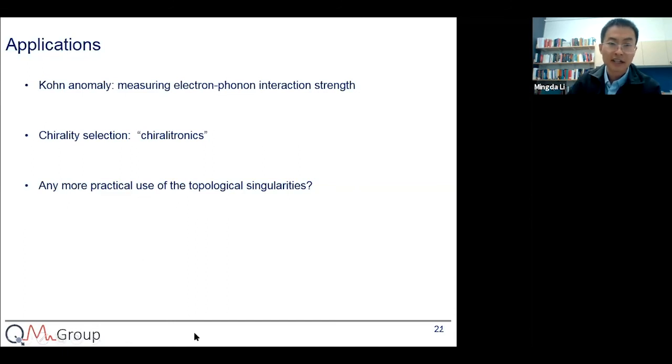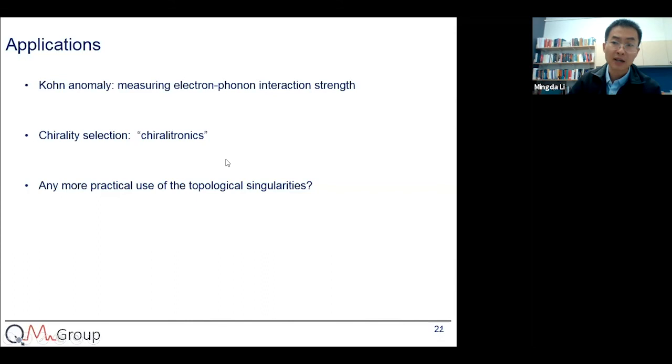The other more technologically relevant one is the so-called chiroelectronics. Just like spintronics, where people use the electron spin up, spin down degree of freedom, that term came in the past 2 years, trying to use left chiral or right chiral types of charge carriers to build electronics.